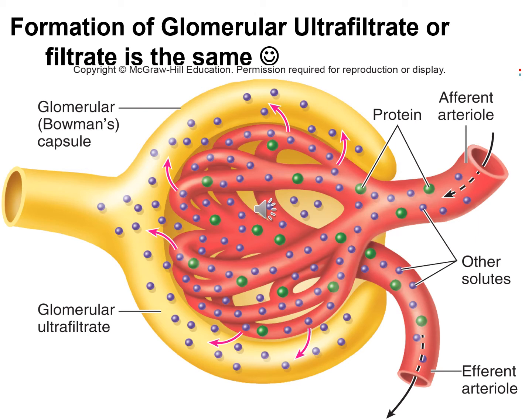But remember, we shouldn't have proteins or blood cells in the filtrate. In other words, those molecules and cells remain in the glomerulus from the beginning to the end, along with a certain amount of plasma.